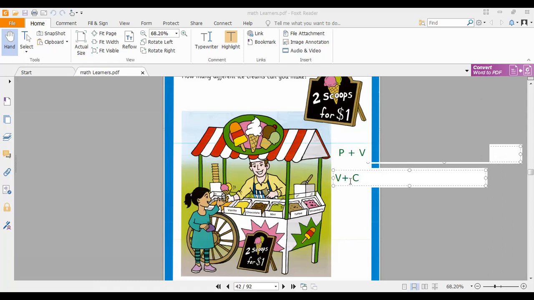This can also be a combination of buying 2 scoops. It's up to the buyer which flavor is preferred by her.